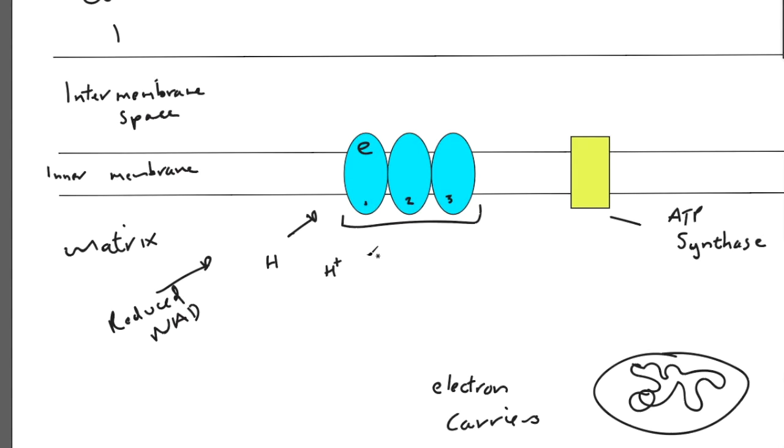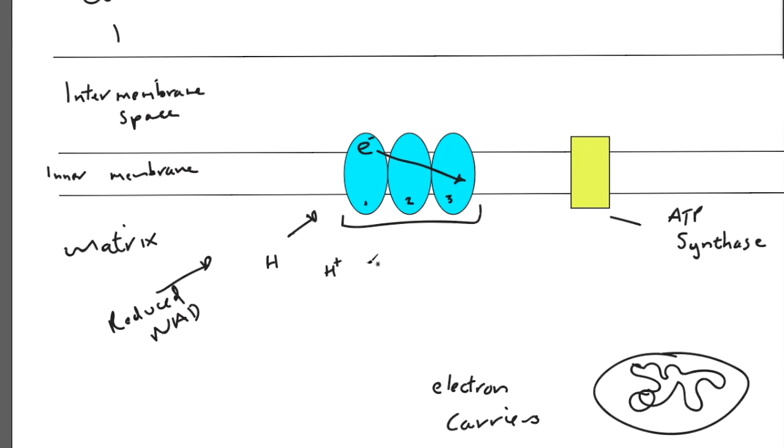What happens is this electron travels down these electron carriers, losing energy. Sometimes you'll see it drawn going down in each one, but in this case, I'm just going to draw it as a diagonal line. So it loses its energy. I'll do a little minus sign.